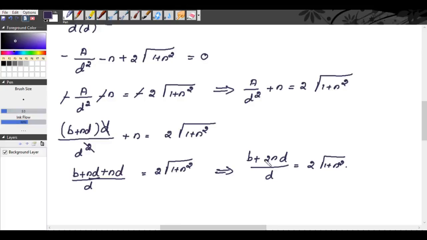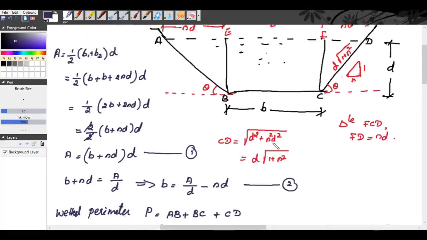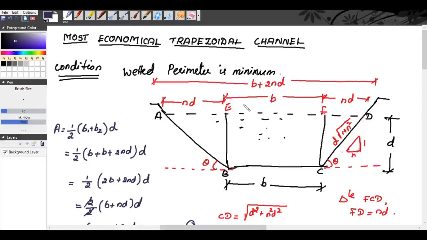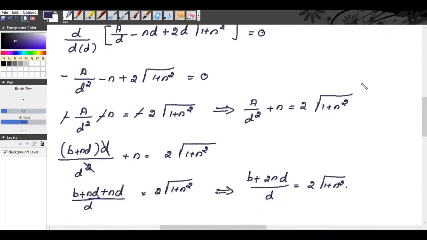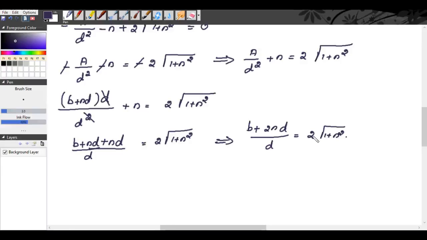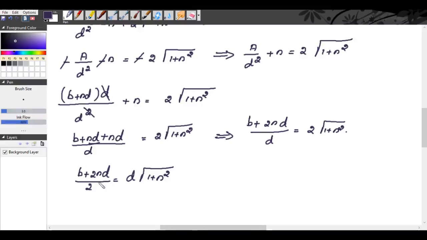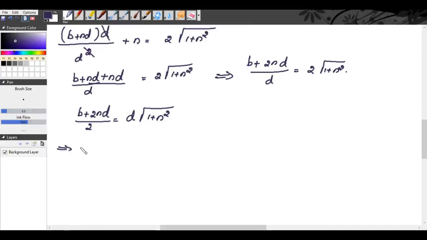Now, see what is b plus 2nD? b plus 2nD is the top width of the trapezoidal channel. So we can take this 2 to the bottom. We get b plus 2nD by 2 is equal to D into root of 1 plus n square. So b plus 2nD by 2 is nothing but half of the top width.